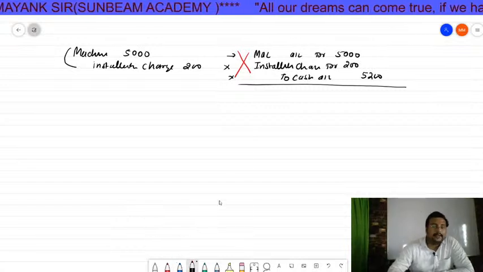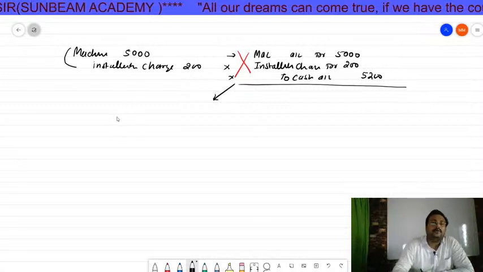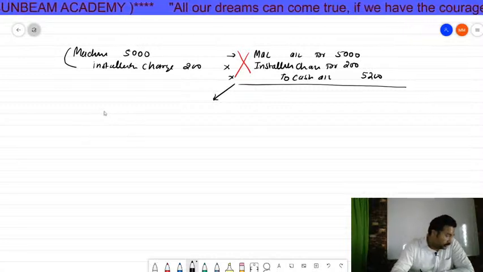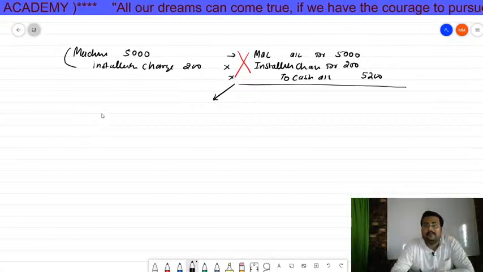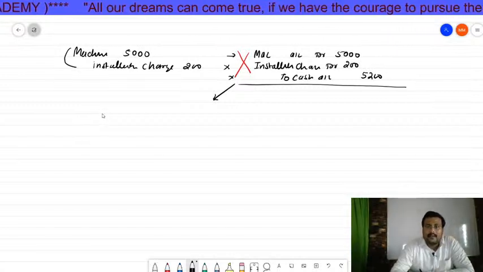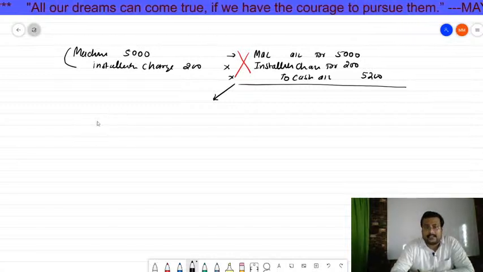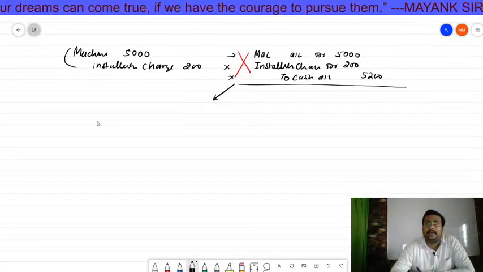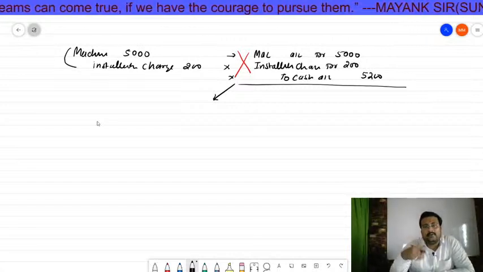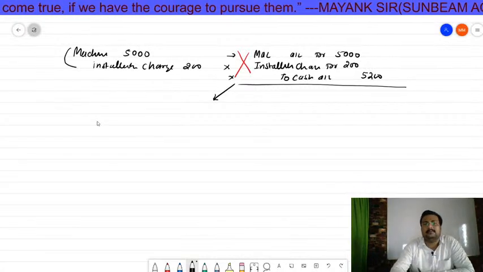What should be right? At the time of purchasing any asset, if a person pays any expenses related to that asset, before its use, before its installation, to make that asset ready for working condition, all expenses will be added back to that machinery.